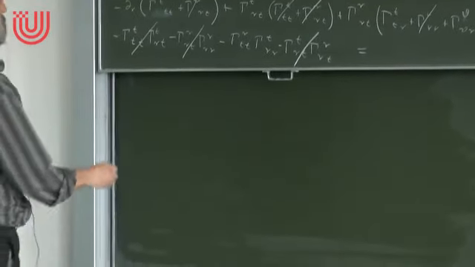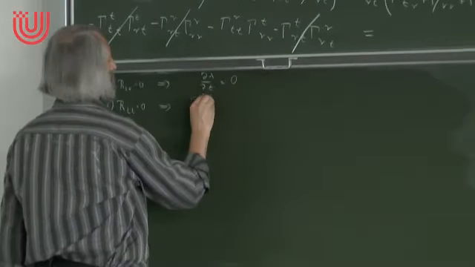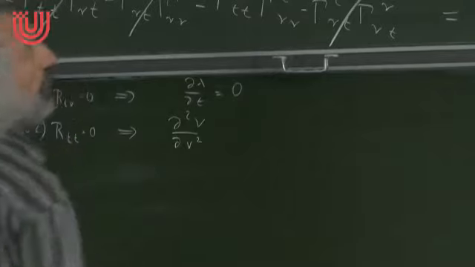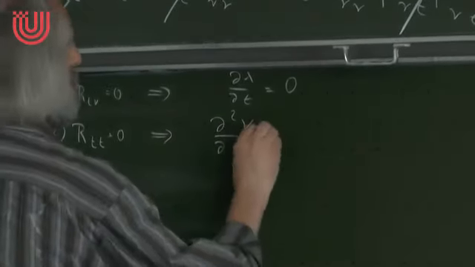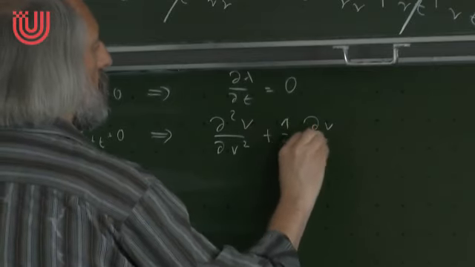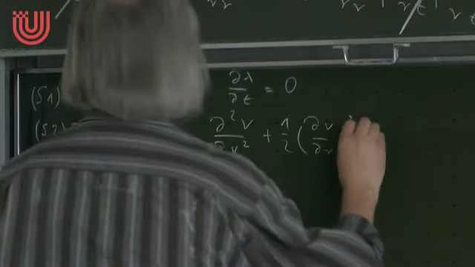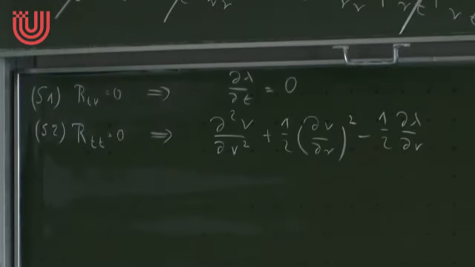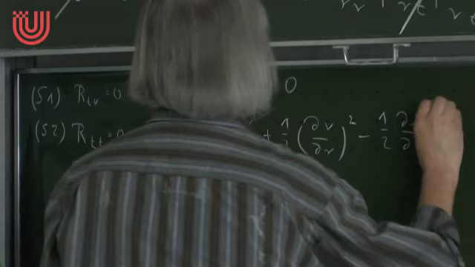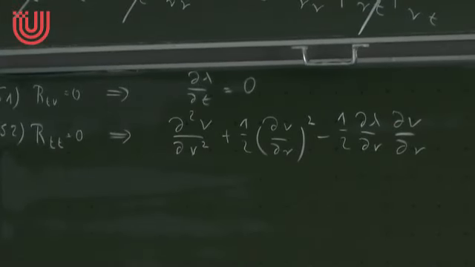So then I get the second derivative of ν with respect to r, plus 1/2 (dν/dr)², minus 1/2 (dλ/dr)(dν/dr). And the last term is 1 over r dν/dr.